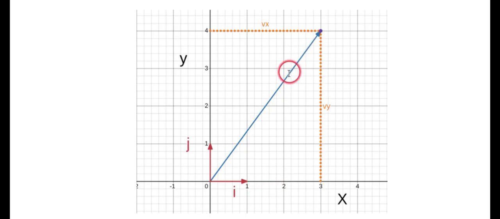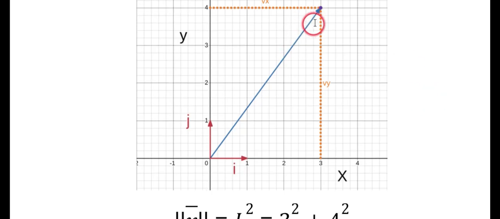Do you see that? It's a right triangle. So this leg of that triangle, because there's a 90 degrees right there, this leg of this triangle squared plus this leg of that triangle squared is equal to this hypotenuse squared. Remember that? The Pythagorean theorem? So what is the length then of this vector?